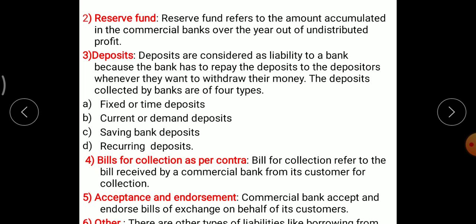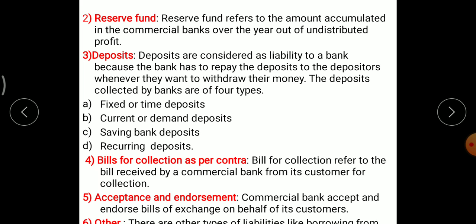Next, deposits. Deposits are considered a liability to the bank, because the bank has to repay the deposit to the depositor whenever they want to withdraw their money. A bank which fails to perform this obligation loses the confidence of the public.